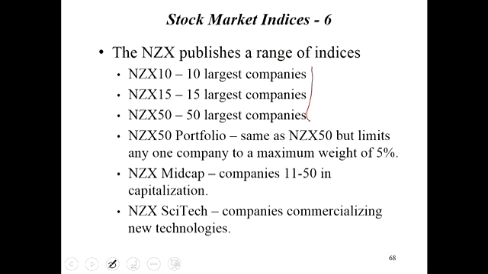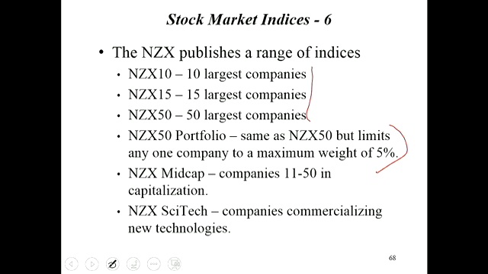The other interesting one we have is the portfolio index. Because our market is small, some companies are very large. They actually make up more than 5% of the total index. What this tries to do is limit the effect of the largest capitalization stocks.